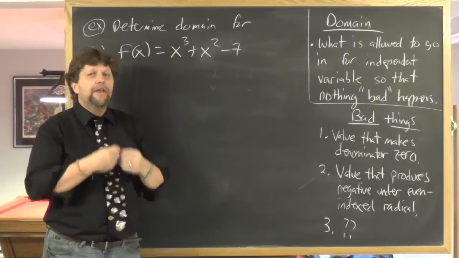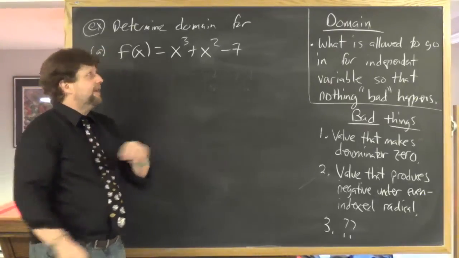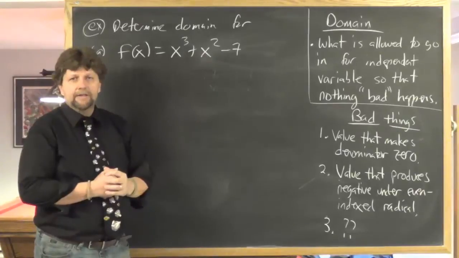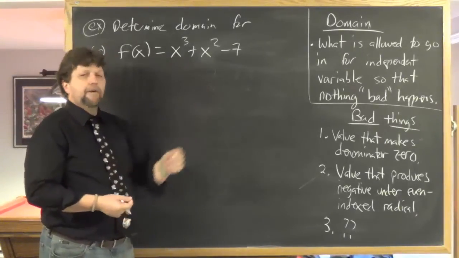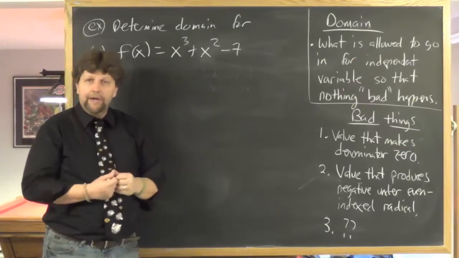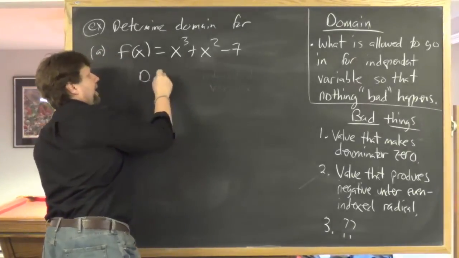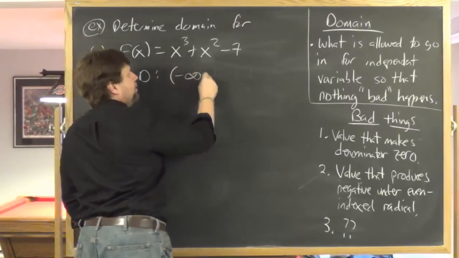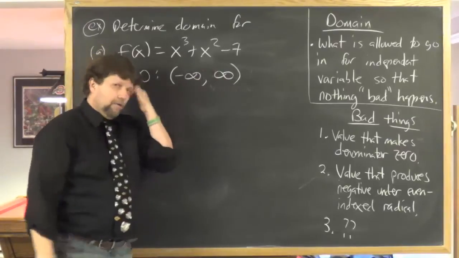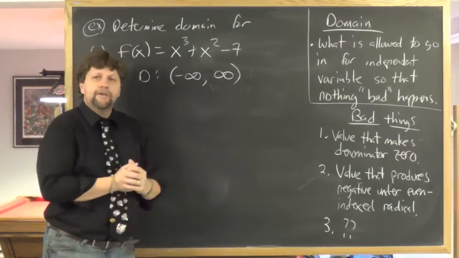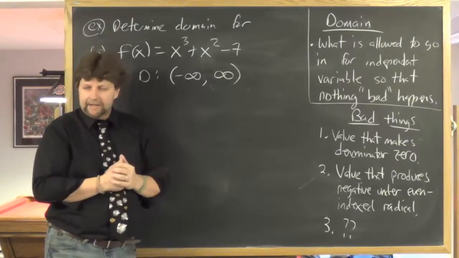So there's nothing bad that can happen. I can put any number I can think of in for the variable x. Because of that, the domain is all real numbers. And this is how we would write it. We will use interval notation to represent the domain, and that's the interval notation for all real numbers. So I can put anything I want in for x.